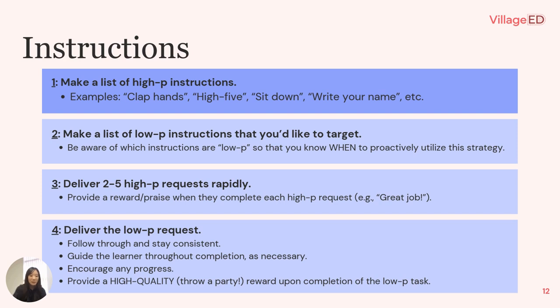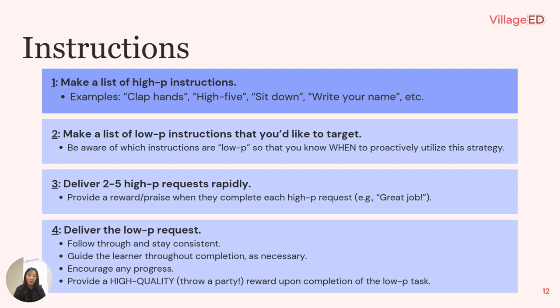Step two, make a list of low P instructions that you'd like to target. Be aware of which instructions are low P so that you know when to proactively utilize this. For example, if you were to go straight into that low P instruction of maybe go clean your room and you see that pushback or resistance, it's a little bit too late to build momentum there.